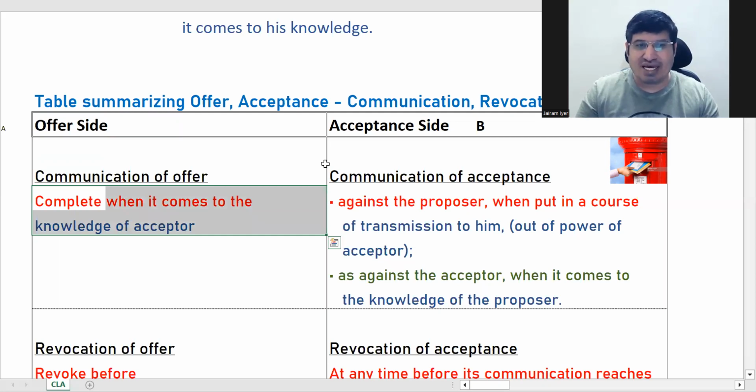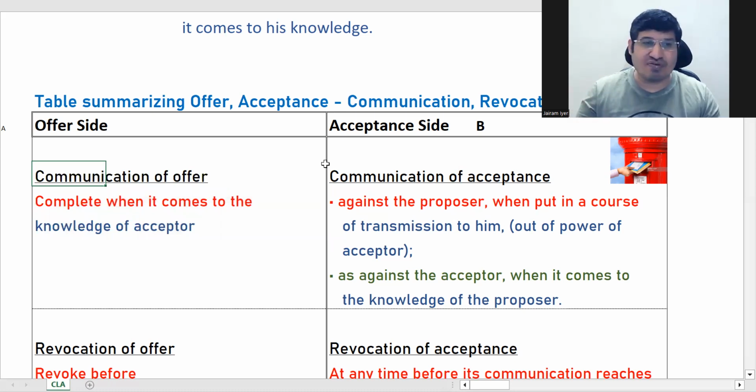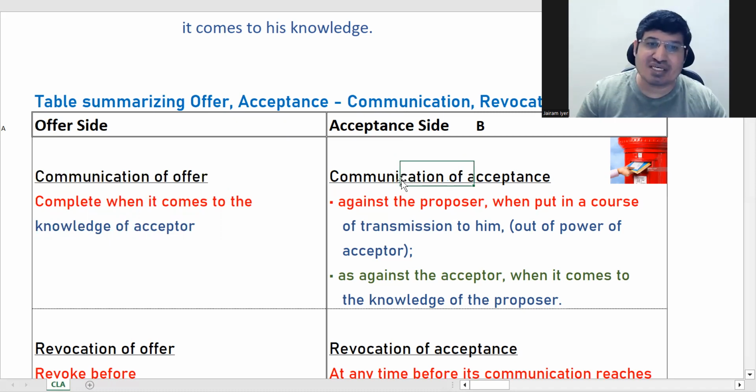Here we are not talking about both parties' point of view. Why? Because when the offer is made, we do not have an acceptor till that time. It's only the offer which is in existence. Whereas when you make the acceptance, you already have the offer which is made. So for acceptance, you have to see whether it is completed from the point of view of the offerer and from the point of view of the acceptor.